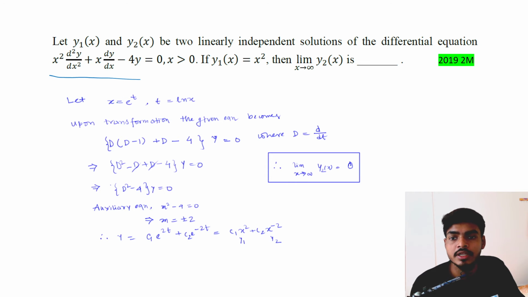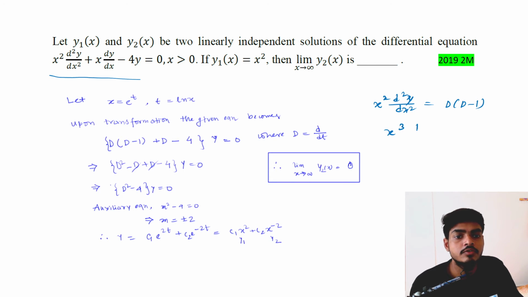If you calculate using this transformation, you can simply calculate what would be your x square into d²y/dx². You can also remember that x to the power 2 d²y/dx² is nothing but D into (D minus 1), where D is d/dt.